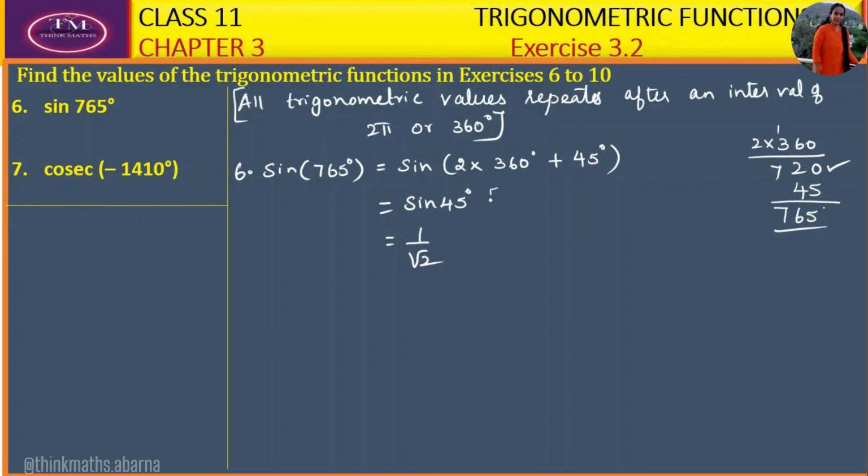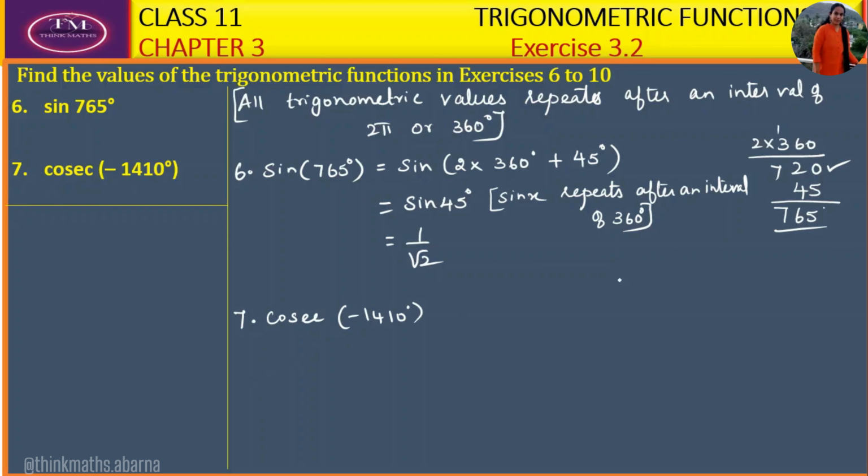So here you just have to write: sin x repeats after an interval of 360 degrees. Okay. Seventh one, it is cosecant of minus 1410.